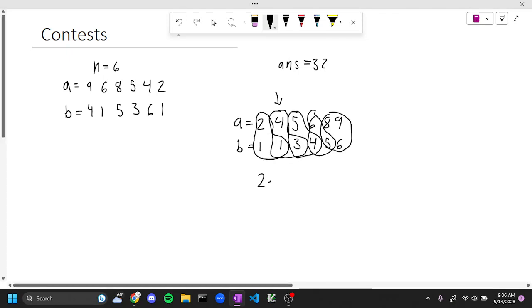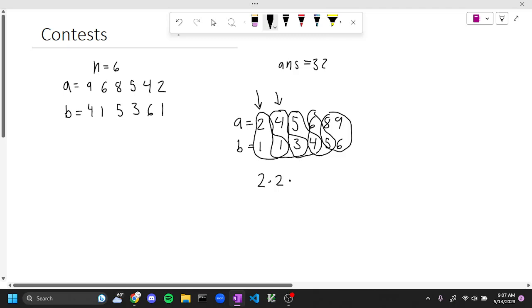But we also know that 2 takes up 1 element already because it needs to be paired with 1 element. So let's just arbitrarily say that it's the first element. So these 2 are paired up. Then 4 can only take 2 elements instead of 3 because we subtract 1. So now instead of multiplying by 3, we multiply by 2.